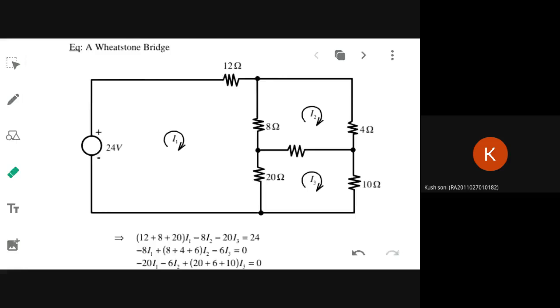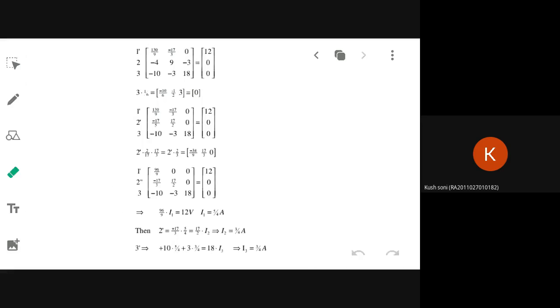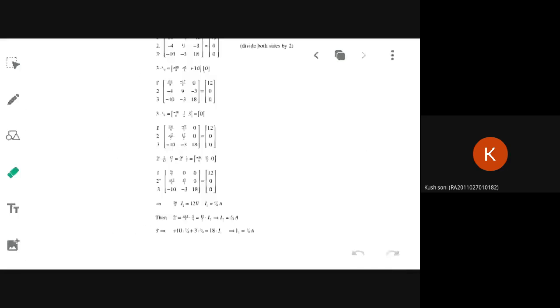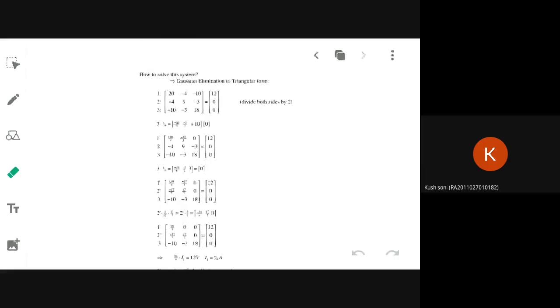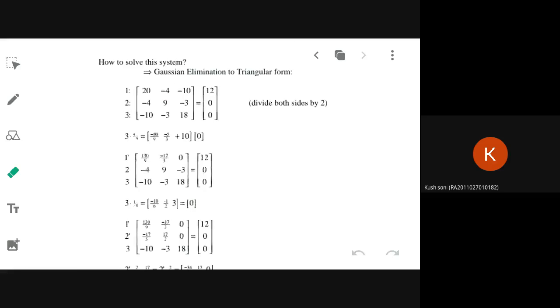Ma'am, if we do it without mesh analysis, can you explain, because if we use the Wheatstone bridge method, the current won't pass through the 6 ohm resistor.